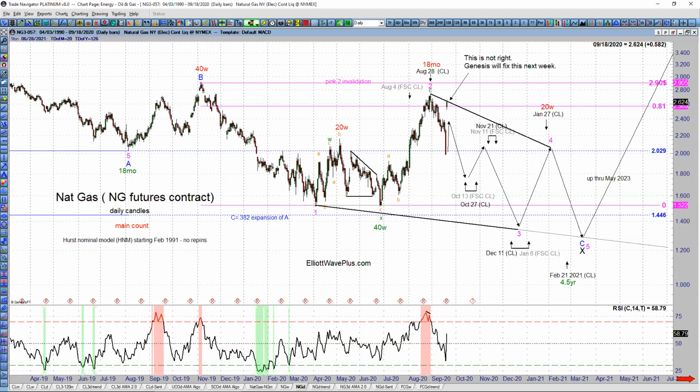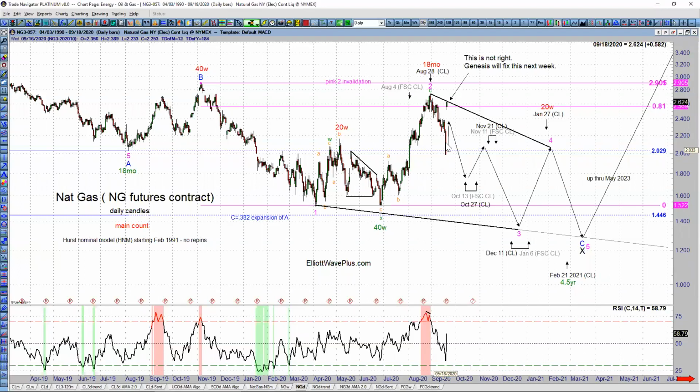But here's another thing to consider. Here's a 1, 2, 3, 4, 5. That to me is a really clear 5 down. So that, from an Elliott Wave perspective, would be the beginning of something.